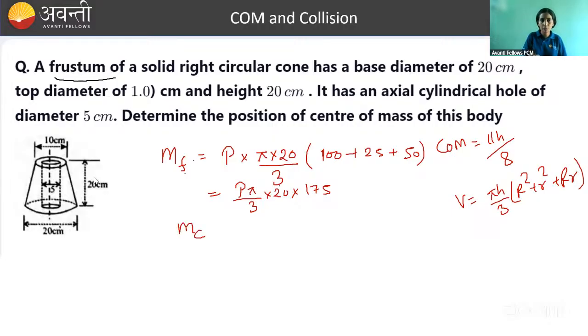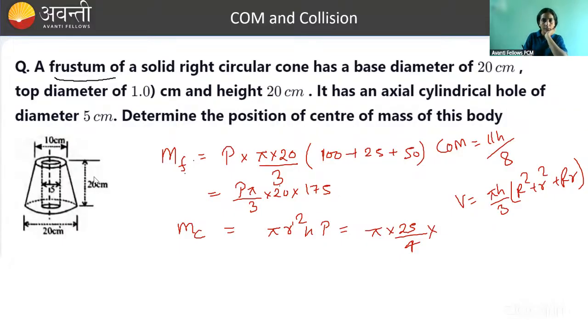What will be the mass of cylinder? Mass of cylinder will be πr² into its height h into ρ. So, π को π रहने दो. R' का square कितना होगा? Its diameter is 5, so its radius is 5 by 2. It means 25 by 4. Himanshu, yes.